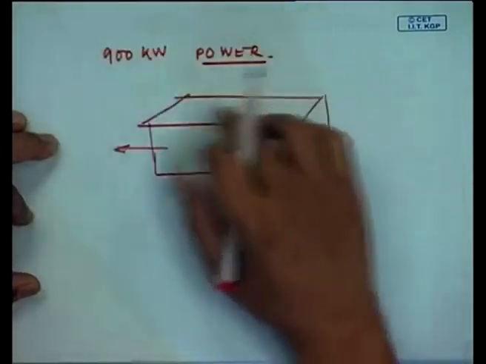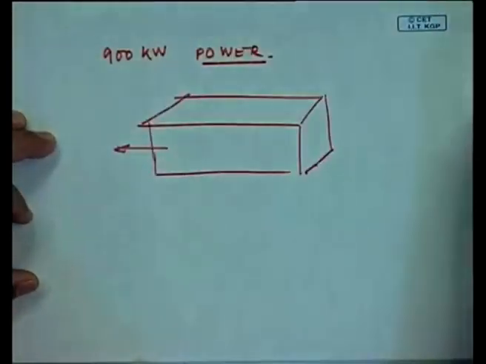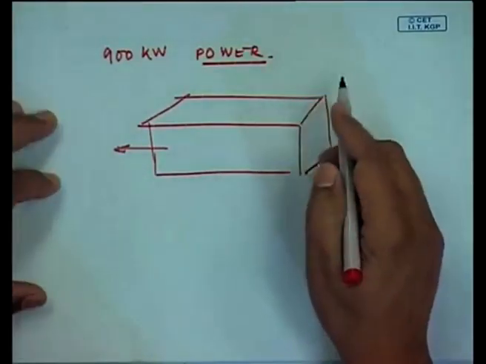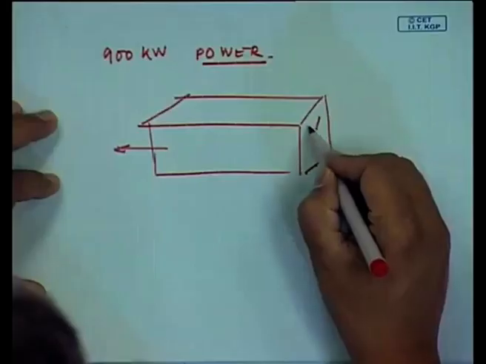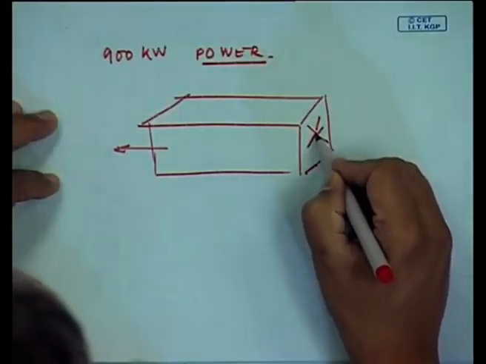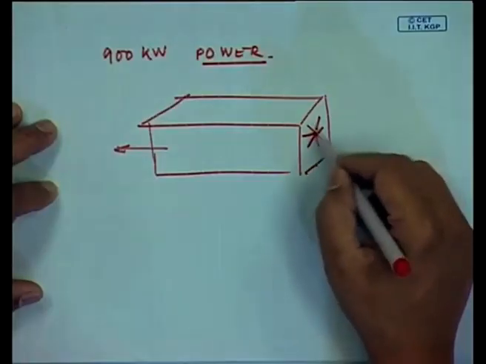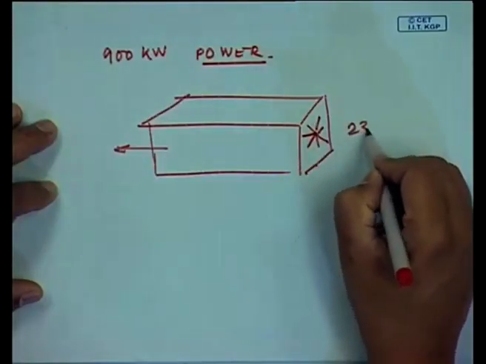This air finally goes to the furnace at a very high flow rate. So, these motors become heated up. In fact, at the rear of the motor there is a blower, and this blower has a fan, and this fan has, I think, about 23 vanes.